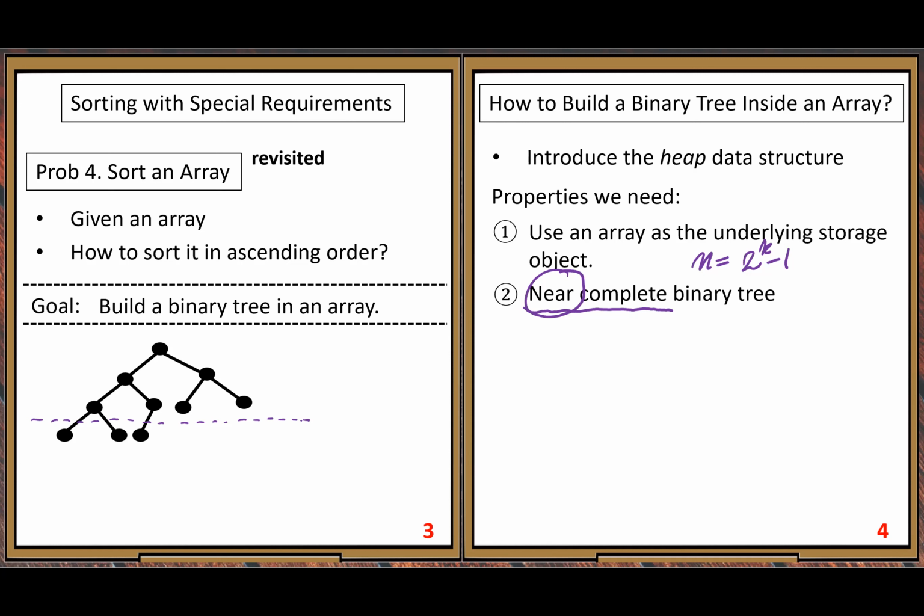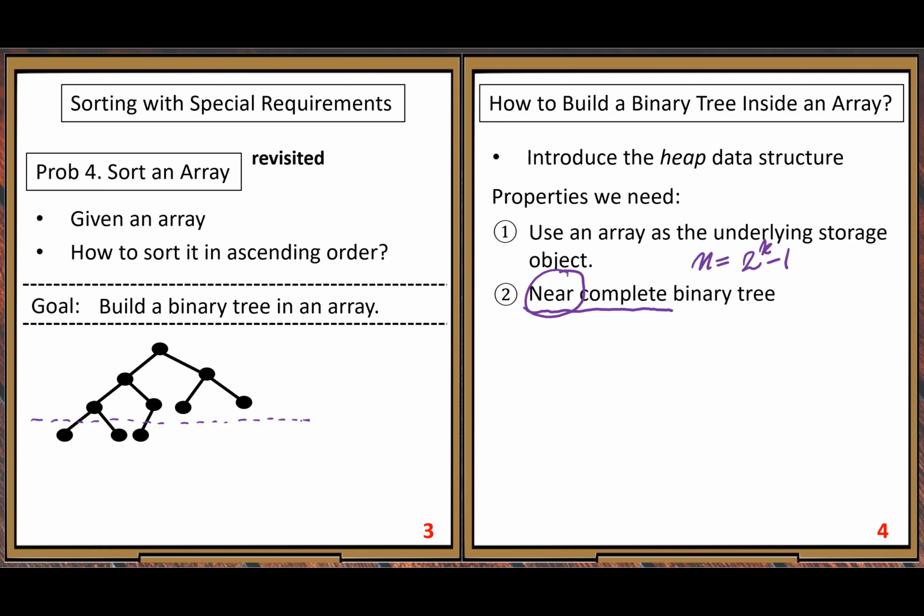If a binary tree has this structure, we call it a near complete binary tree. It's not complete. If it were complete, the bottom level should also be full.